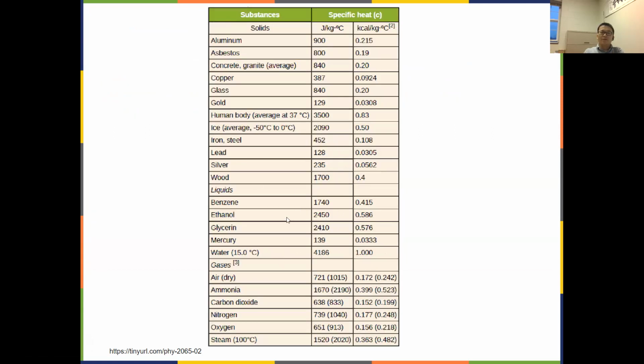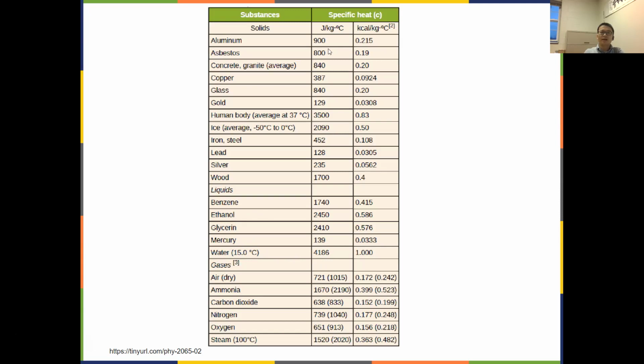All right, here's a table of the specific heat capacity for different substances. Typically, solids like metals have smaller heat capacity than other materials, including liquids. One thing to point out is water. Water has a specific heat capacity of 4186 joules per kilogram per degree Celsius.